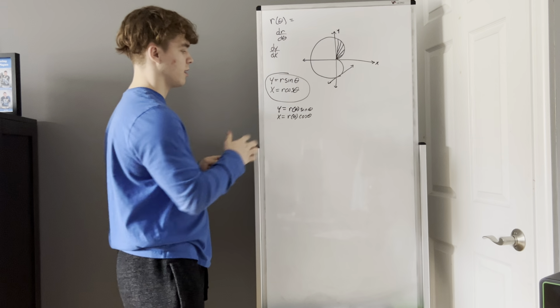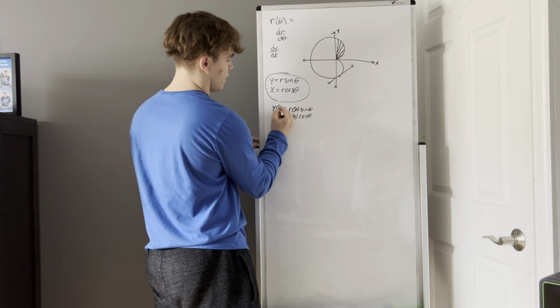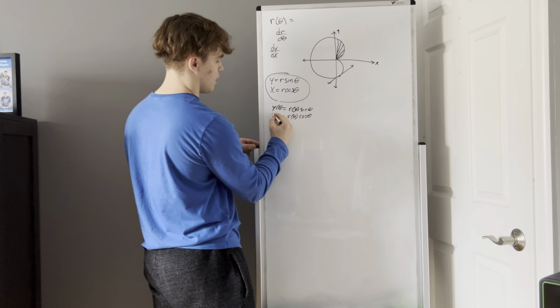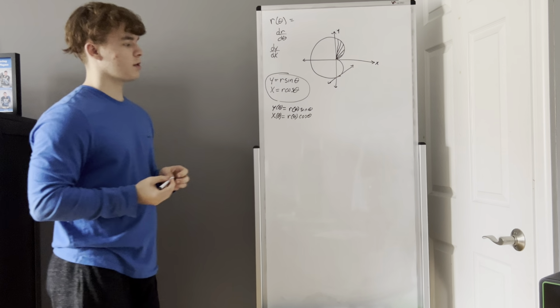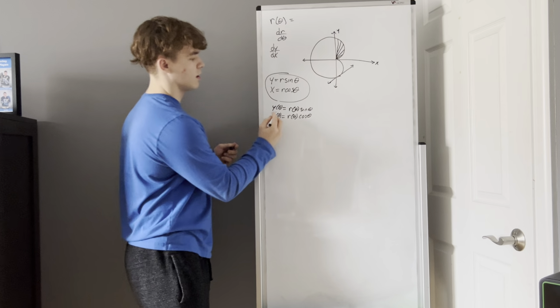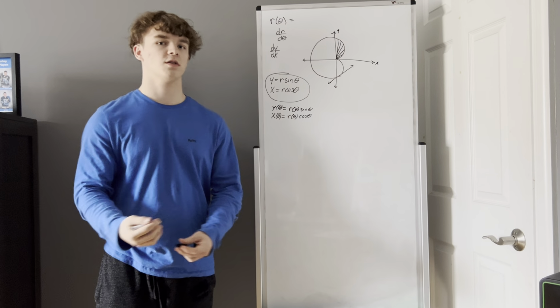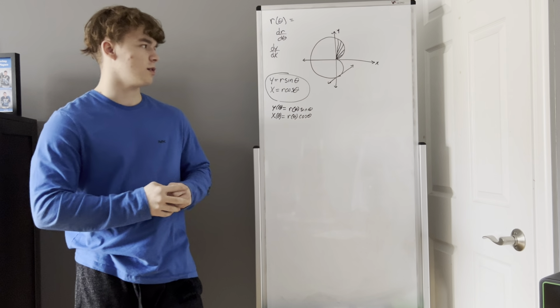So these are really y of theta equals r of theta times sine theta, and x of theta equals r of theta cos theta. So they're kind of like parametric equations, and I'm sure you can see some correlations between parametric equations and polar coordinates, especially in the unit circle and things like that.